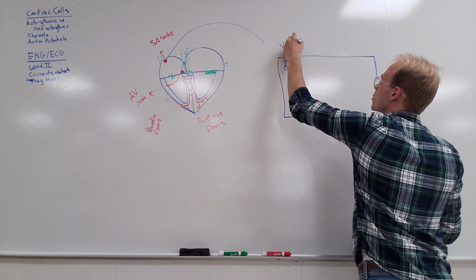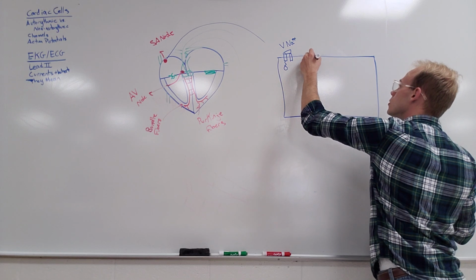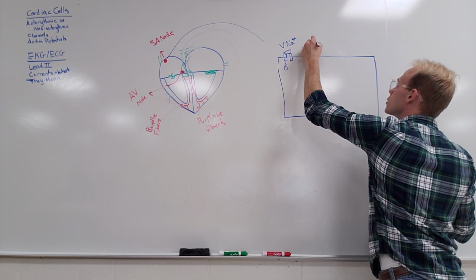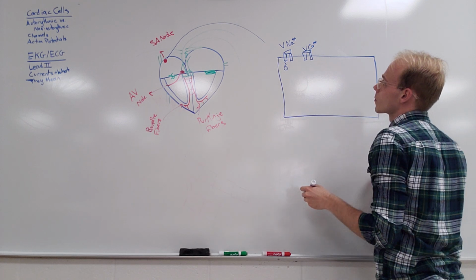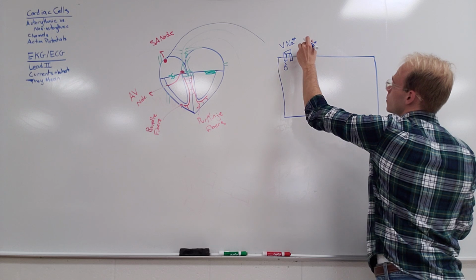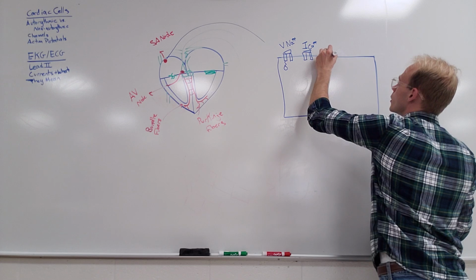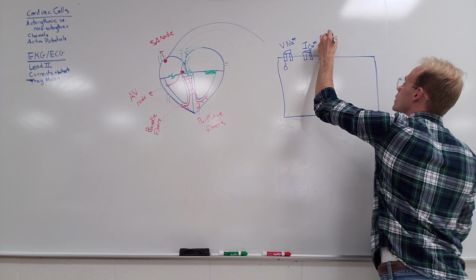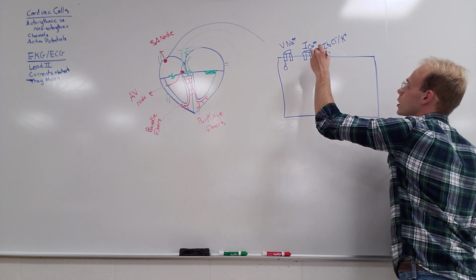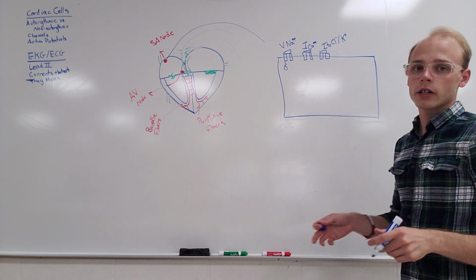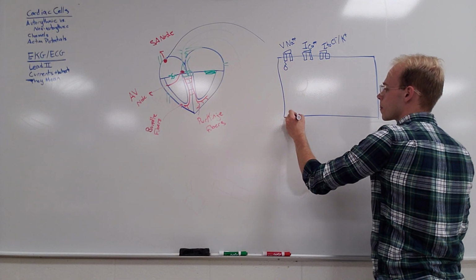This is our voltage-gated sodium channel, and then we also have voltage-gated calcium channels. Actually, I'm going to write I. Here we have I_to, chloride or potassium channels.